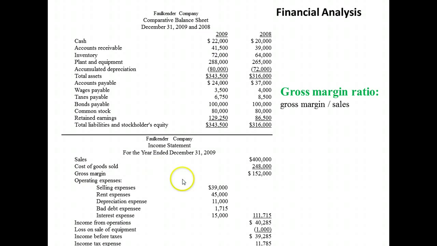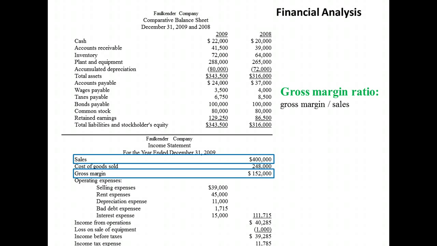So the gross margin ratio is taking that gross margin and dividing it by sales. So when we do that, there's the gross margin, there's the sales, and we get 38%. So that's basically the way we read that. For every dollar we have in sales, we walk away with 38 cents after we take out cost of goods sold.